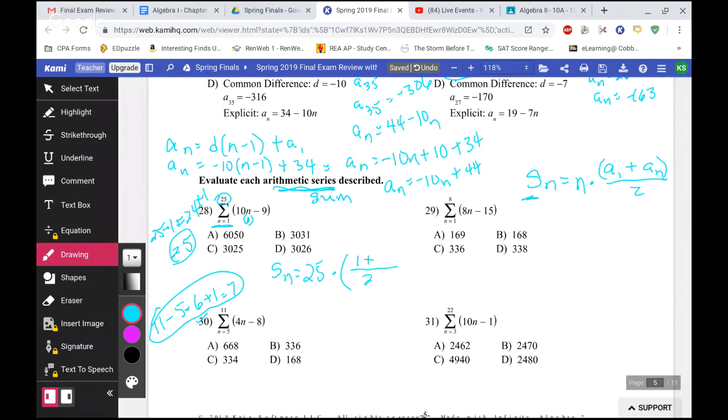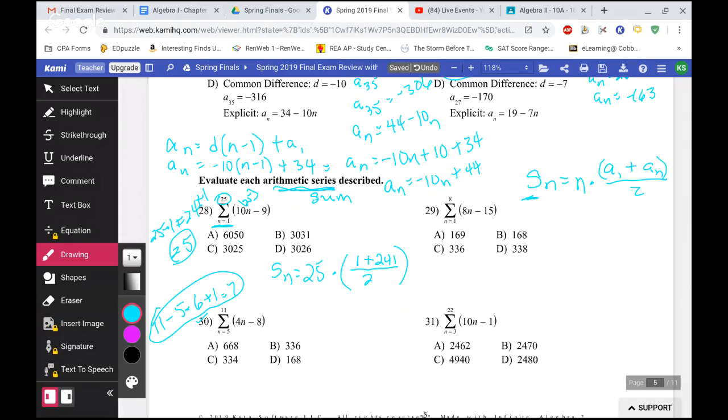The value of the last term in the series, in this case, is going to be the 25th term. So that's 25 times 10, which is 250. And 250 minus 9 is 241. So 1 plus 241 is 242.